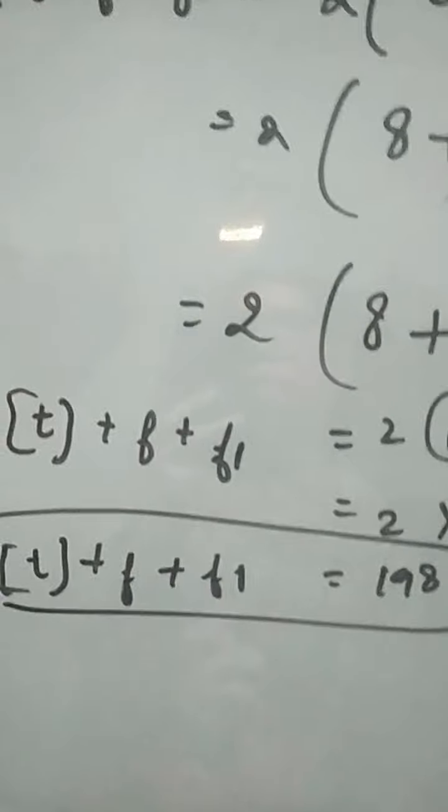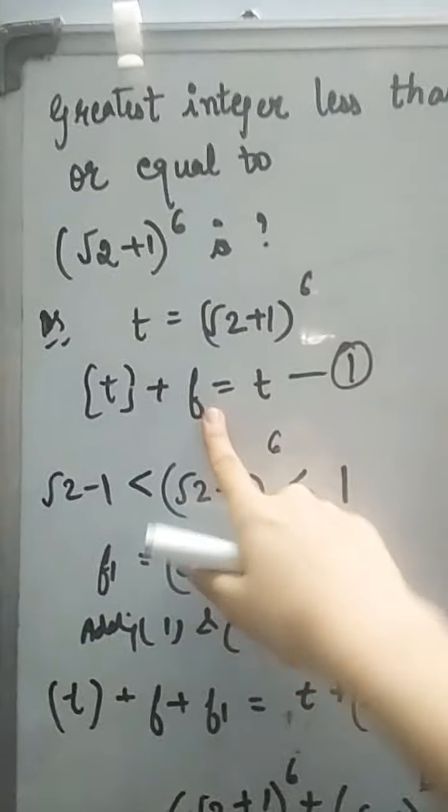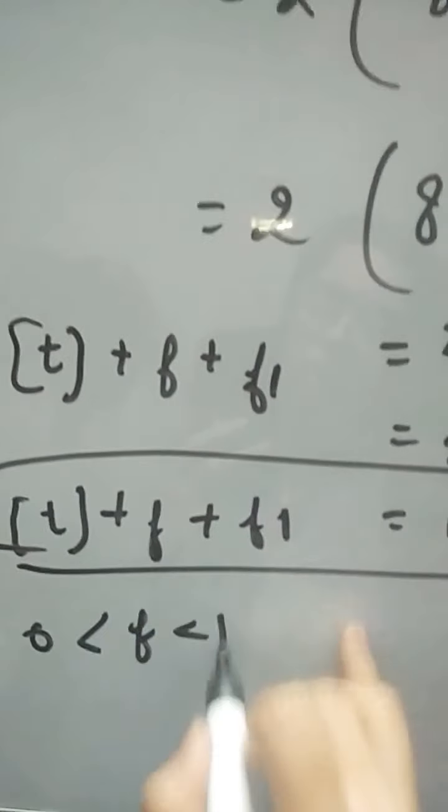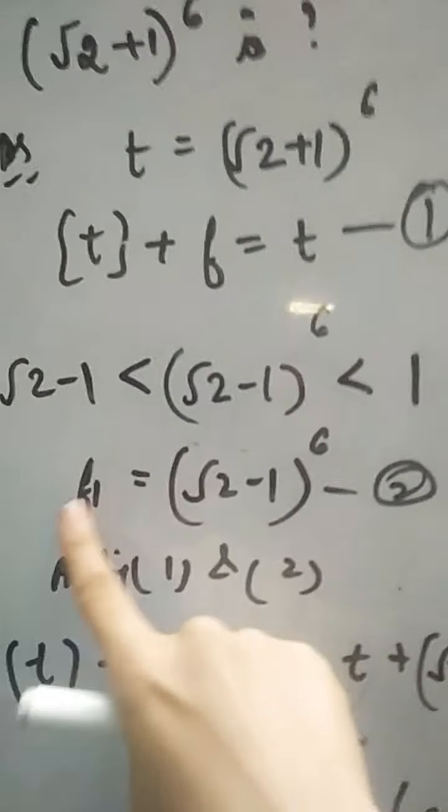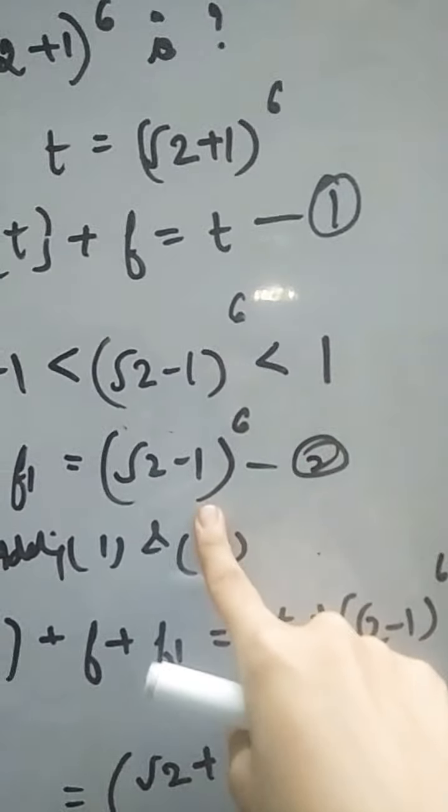Now we know that this f was some fractional value, right? So it should lie between 0 and 1, and we know that our f1 is equal to this, and this is also a fractional value.